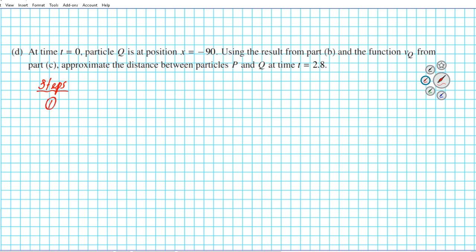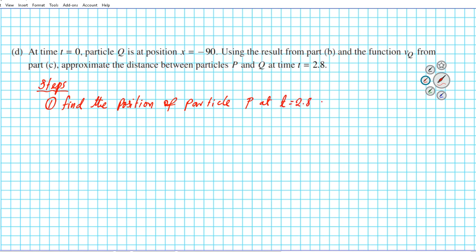First things first, you want to find the position of the first particle, P. It says using the result from part B, that's for P. So find the position of particle P, which we'll call x of P at 2.8, at t equals 2.8.